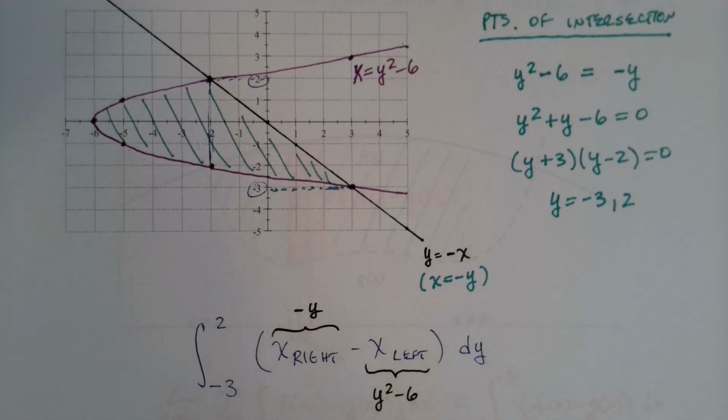Okay, all right, so I'm going to stop the video here. There's lots of examples that you want to work on, because there's lots of types of functions and arrangements we can make, but this is the basic idea behind finding the area bounded between two or more curves.